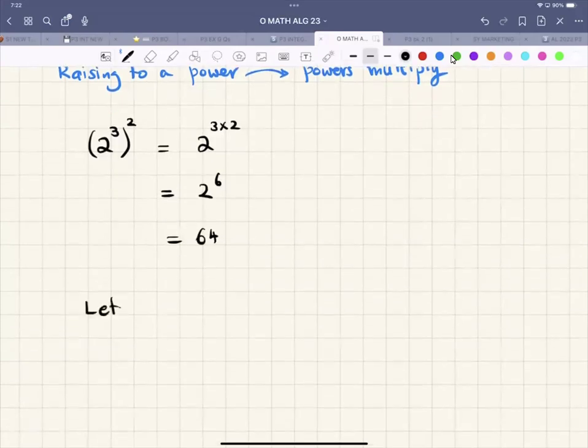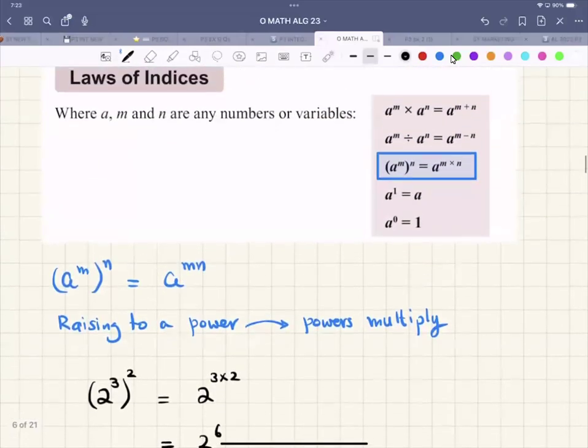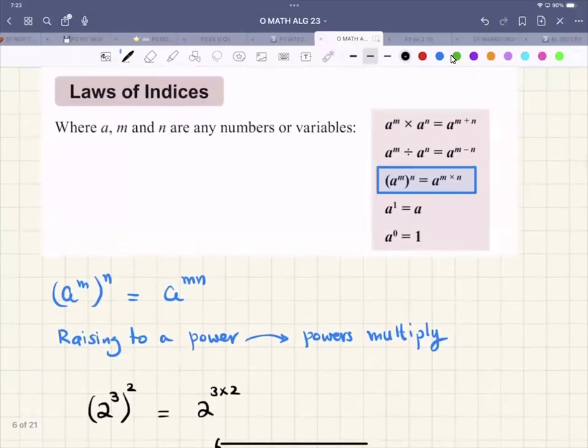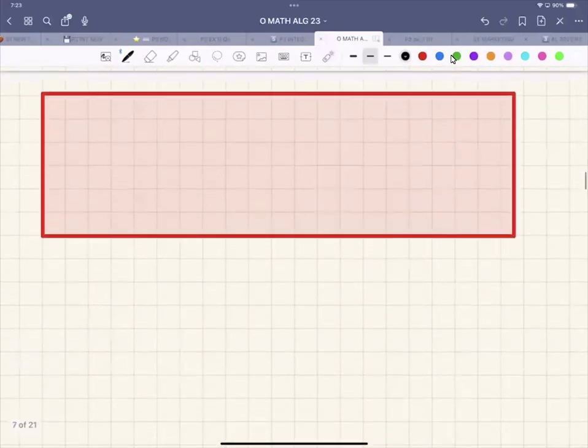Now let's double check. (2^3)^2: 2^3 is 8, 8^2 is 64. Yes, this rule works. Of course, all these rules work, but it's just showing you with a lot of these examples.